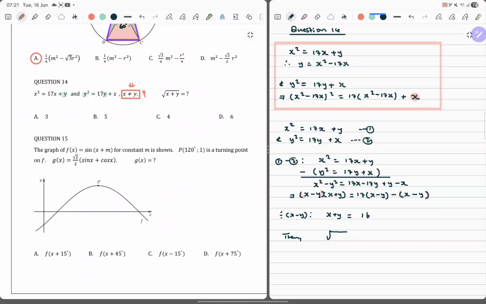We know now that the square root of x plus y is going to be equal to the square root of 16, which is equal to 4. So the answer is option C.